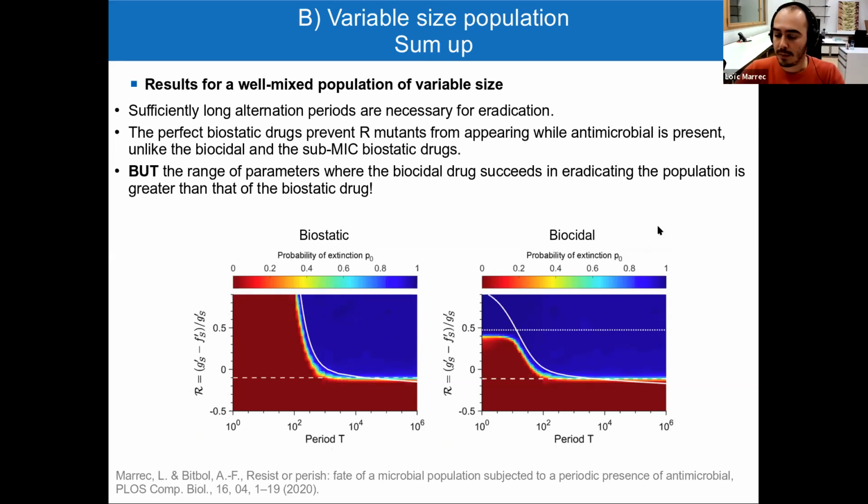I do the same thing for the biocidal drug, and as you can see, the blue area is larger in the case of the biocidal drug than in the case of the biostatic drug. So it shows that each kind of treatment has different merits.